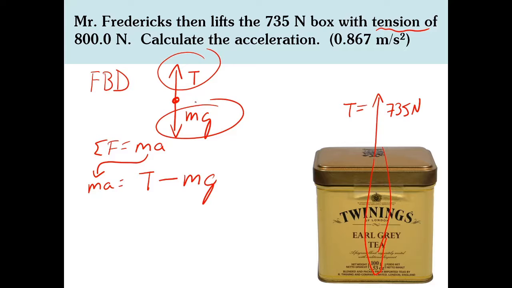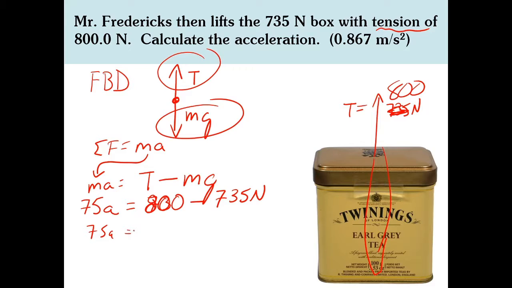Now, you may remember from yesterday, and I'm not going to go through the math again, the box was 75 kilograms. I'm pulling upward with 800 newtons, my bad. Sorry about that mistake. And the weight of the box is 735 newtons.